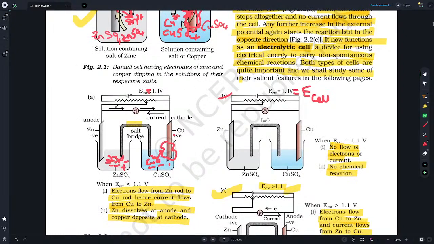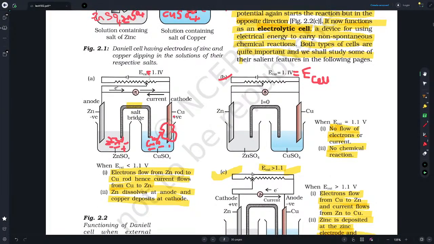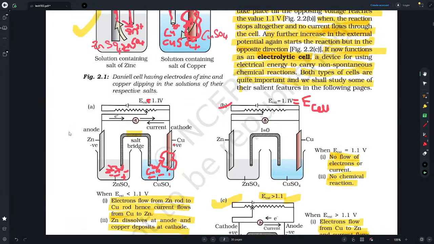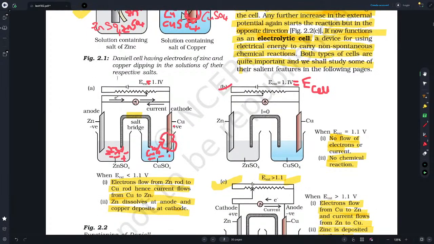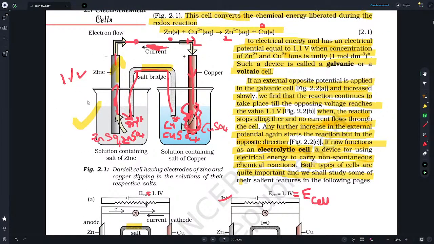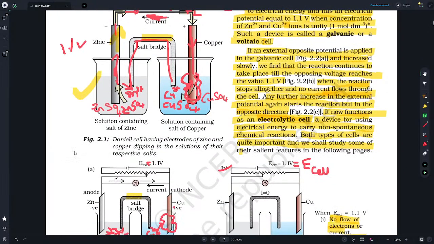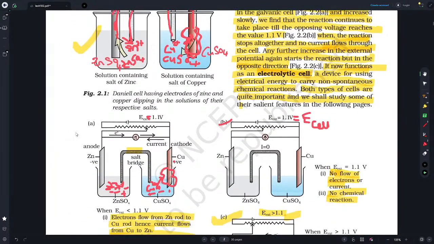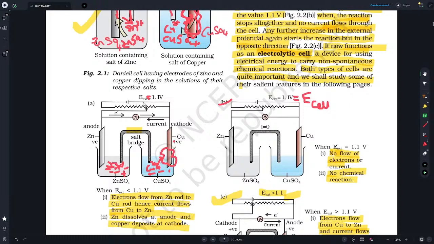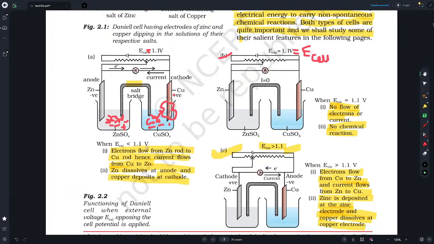And when the external voltage applied in this cell is less than 1.1, where 1.1 is the potential of the whole cell, the EMF of the cell is 1.1 volt, there is current flow.